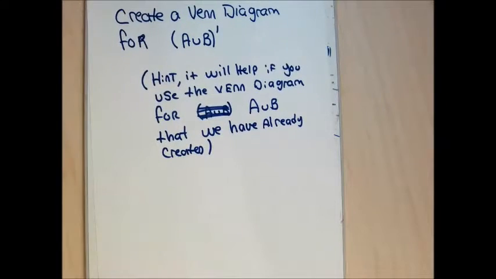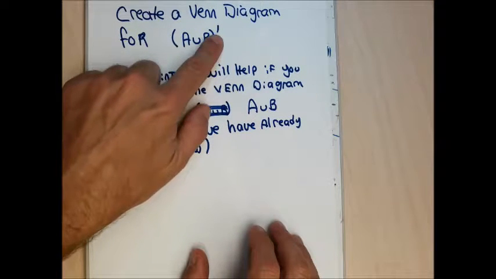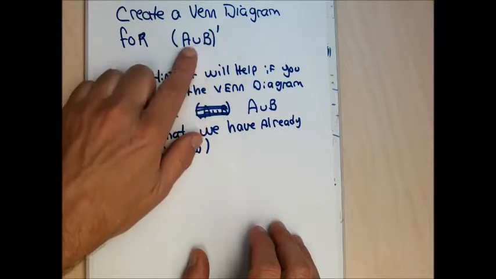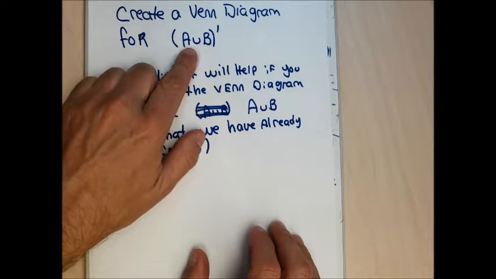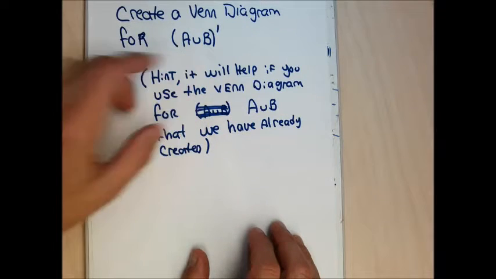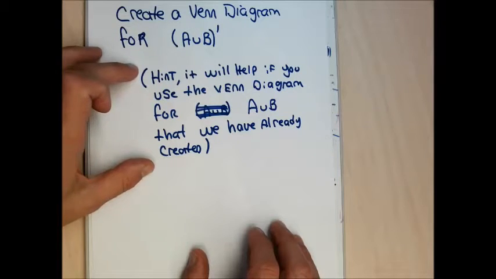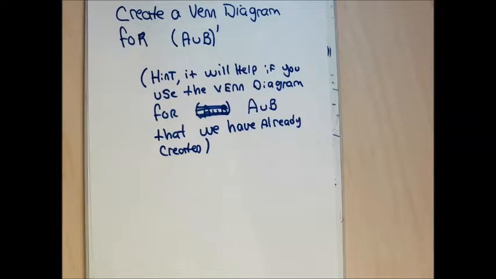It's more complicated when we have a parentheses. To make a picture of A union B complement with a parentheses, I have to first make a picture of A union B. I reminded myself that I already made a drawing for A union B, and it's going to help if I use that drawing.